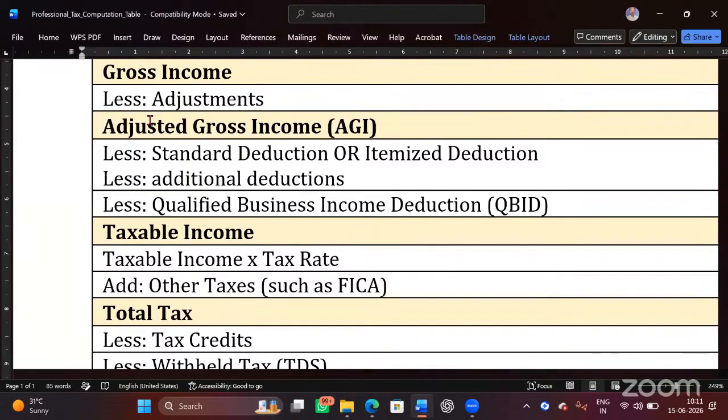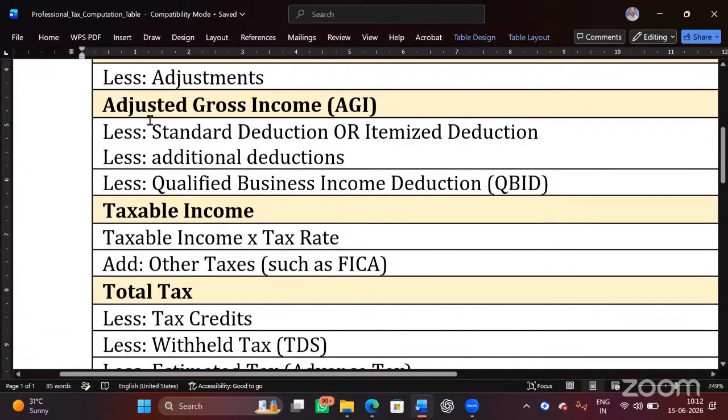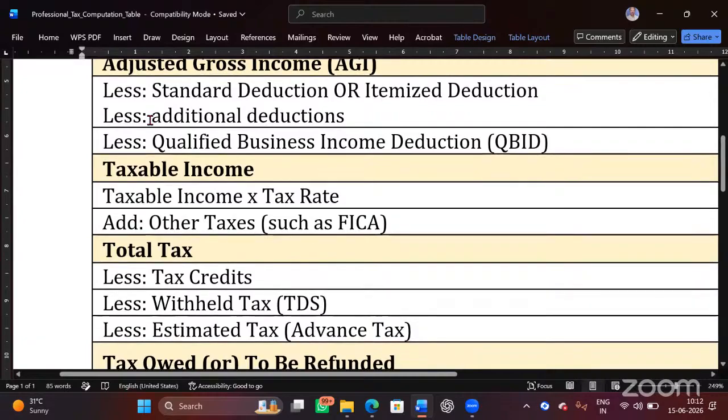Those individuals who have a specified type of business, if certain conditions are satisfied, are allowed to deduct the qualified business income deduction. Because of this deduction, the taxpayer gets the benefit that the tax burden is automatically reduced. After deduction of the standard deduction, additional deduction and QBID, we get taxable income.